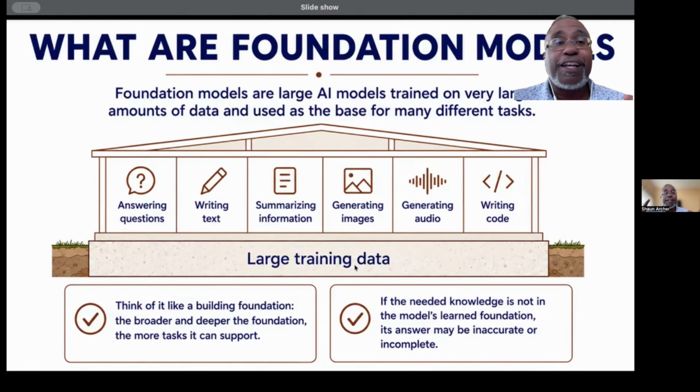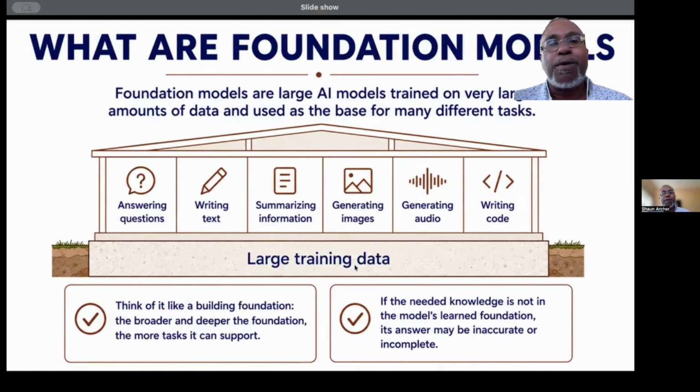The model cannot tell you that because the model's information does not go into that part of the future. It stops at 2025. That's what it knows. I said the model cannot tell you that, but that doesn't mean it won't try.